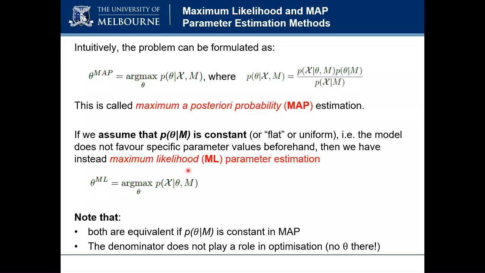Right? It's just the twist, the upside down. Again, the denominator doesn't play a role, because if I'm given a data set, then the probability of that data set is already determined. I can estimate it at least. And it doesn't have a theta in it, so there's nothing to optimize. It's a constant, it goes out of the optimization problem. These optimization problems are also unconstrained.